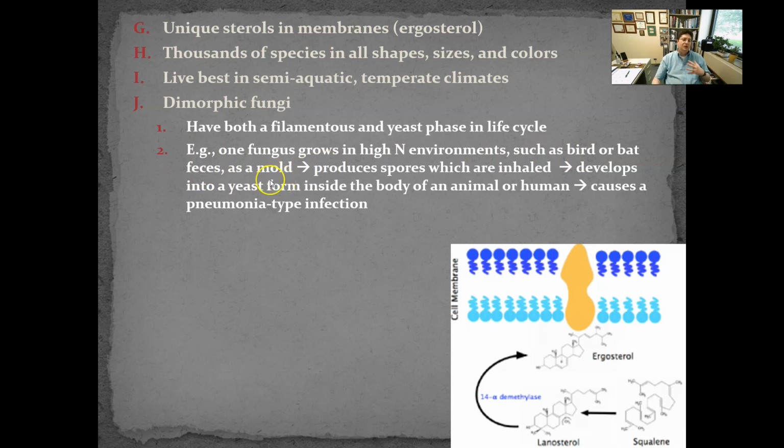So in high nitrogen environments like fecal matter, of any kind really, it grows as a mold. Well, that mold can produce spores. Remember, the fruiting bodies make spores. If those spores are inhaled, it develops into a yeast form inside the body of an animal or human. And this can cause a pneumonia-type infection, something called a fungal pneumonia, for example.